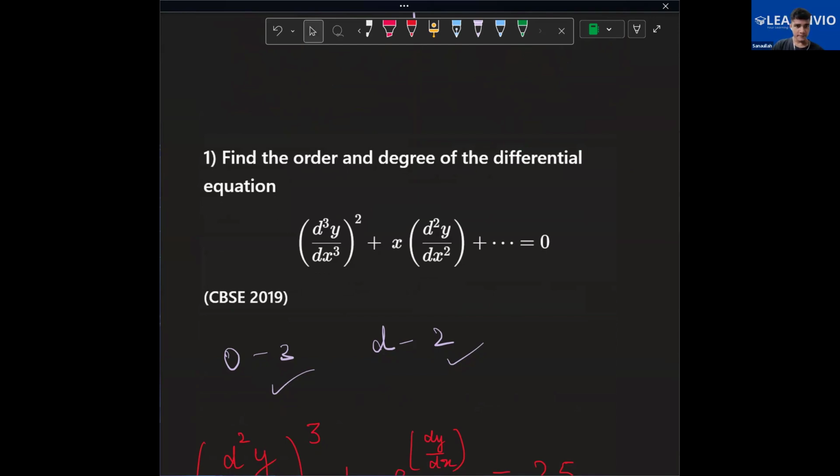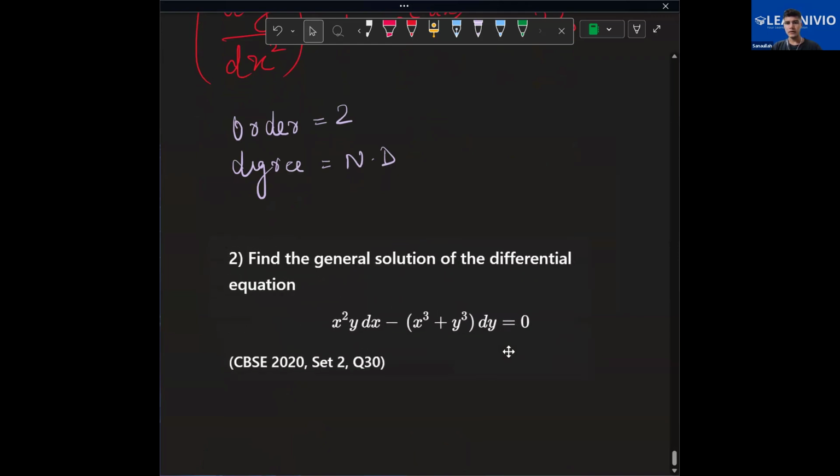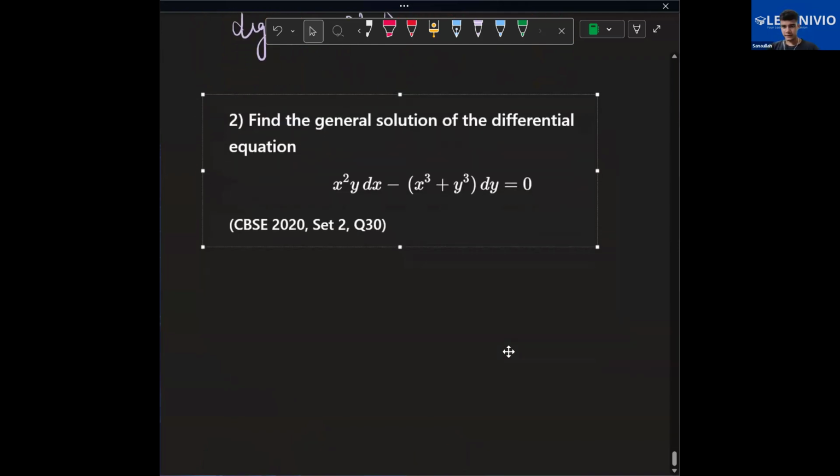Now we will do some decent questions. The next, second question is this one. Find the general solution of the differential equation. This is your differential equation.